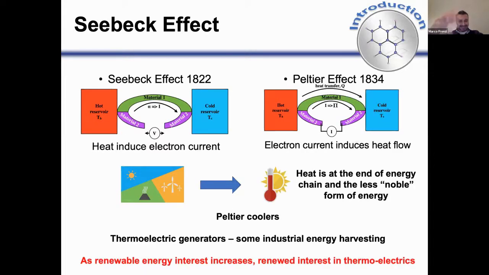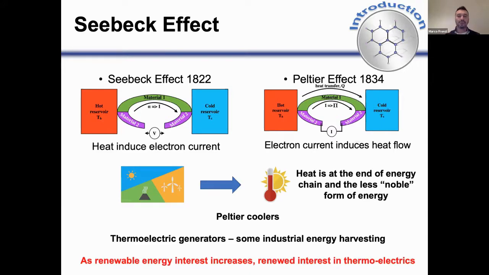So the Seebeck effect was discovered in 1822, and basically the power of this effect is that it predicts that if you have a hot reservoir and then a less hot reservoir, you put it in contact with 2 materials, you can generate a voltage and a current. The power of this discovery is that usually heat is considered to be the less noble form of energy and the last at the energy chain.